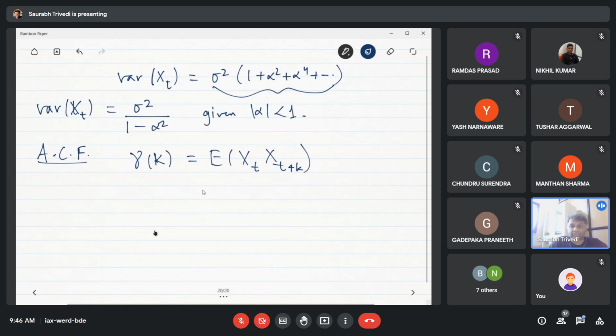So we get the expectation of summation alpha to the power i zt minus i, times summation alpha to the power j zt plus k minus j.